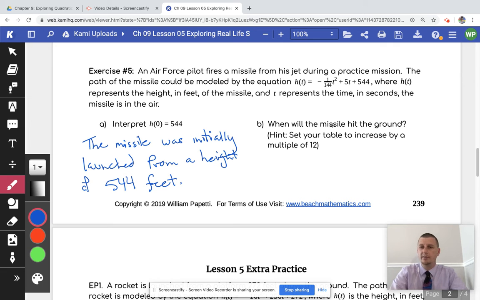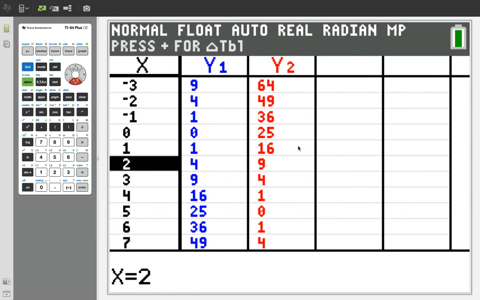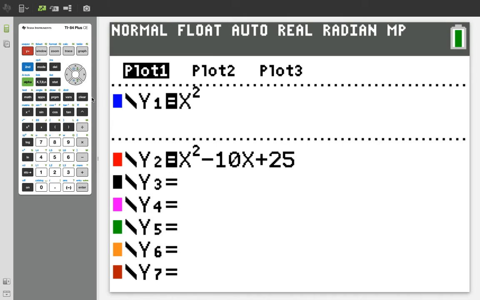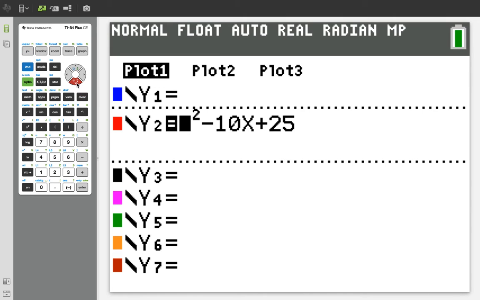So when will the missile hit the ground? And now it's saying set your table in your calculators to increase by a multiple of 12. That's your hint. But you'll be able to figure this out on your own going forward. So let's go to our calculator now, and in y equals, let's clear out anything that might be there already.